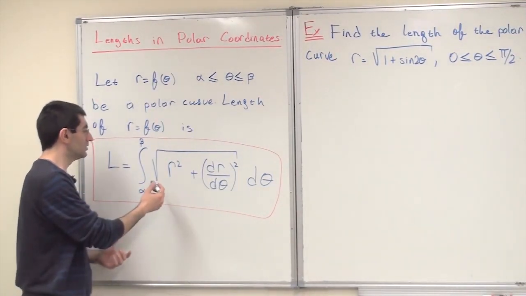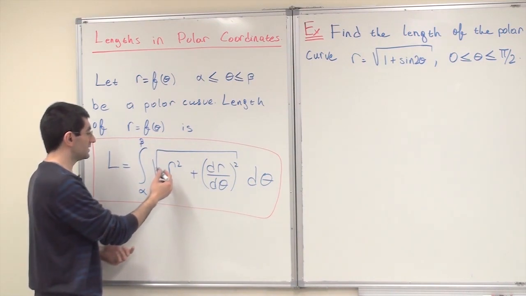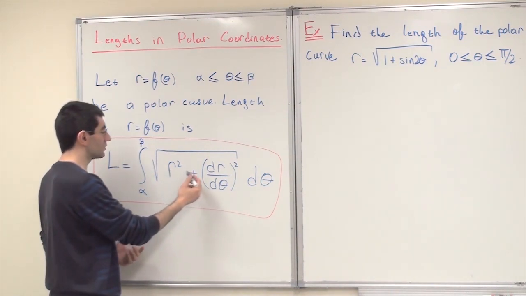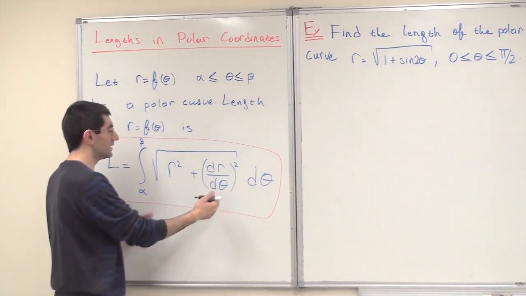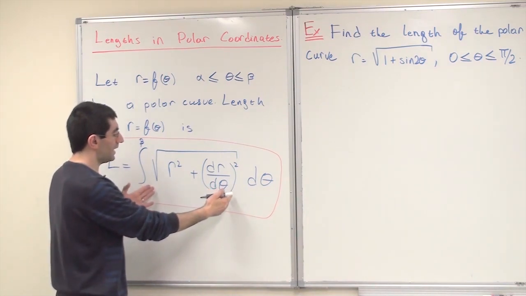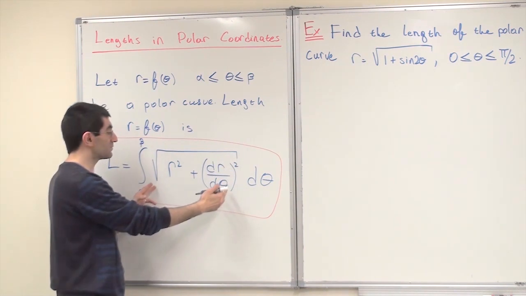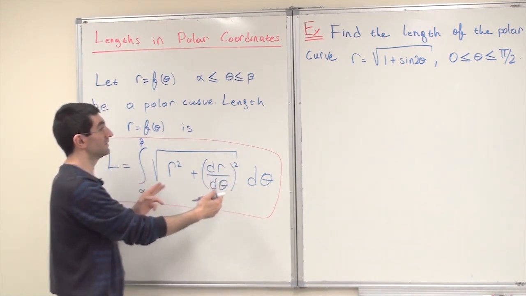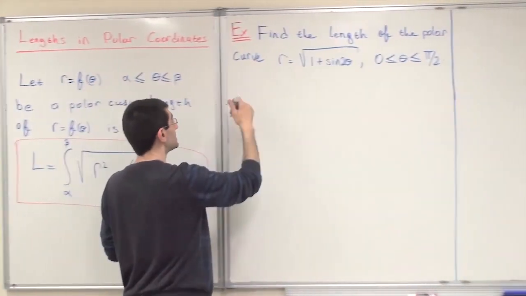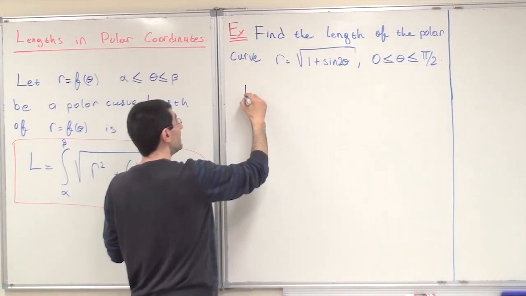We need to integrate the square root of r squared plus dr over d theta squared. Before I do the integration, I need to calculate this expression. So let's calculate that.